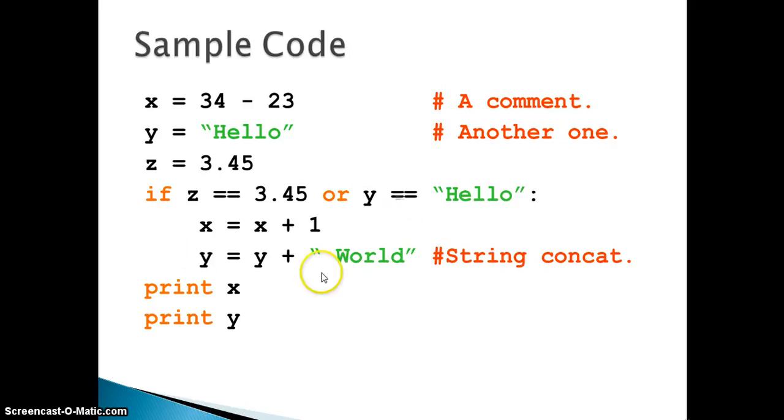See here, in the if block, I never used open and closing curly braces to say that this is an if block. Rather, I followed a uniform indentation for this entire block. See here, x equal to x plus 1 and y equal to y plus world. I've used string operations, but I have followed a uniform indentation for x and y.